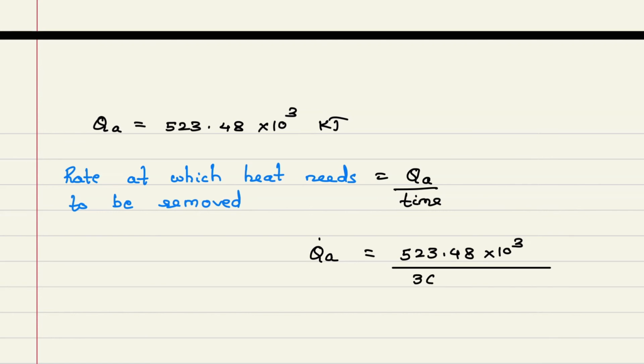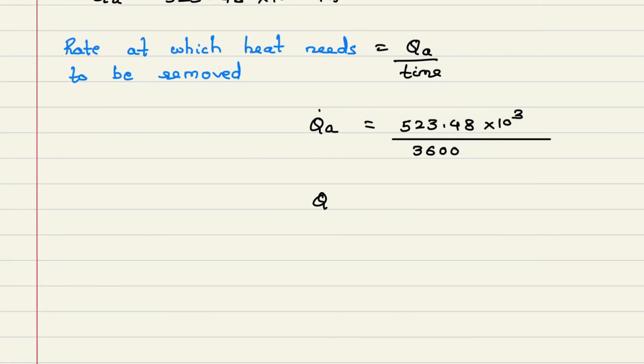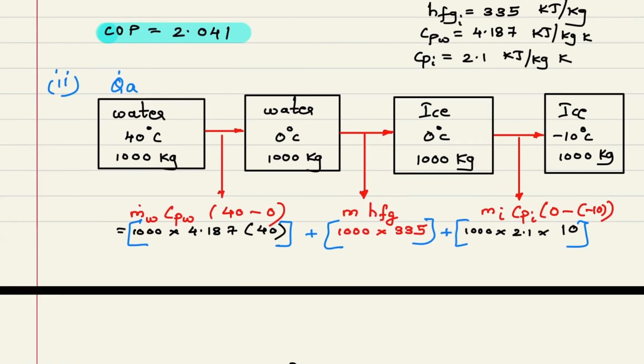Convert it to seconds, 3600. So Q dot A is equal to 145.41 kilojoule per second.